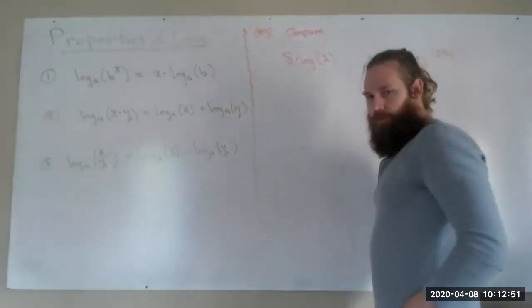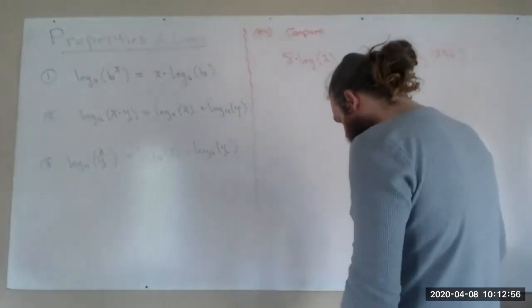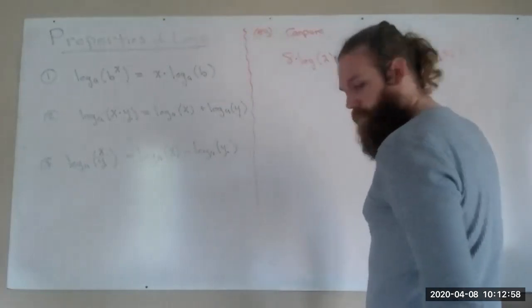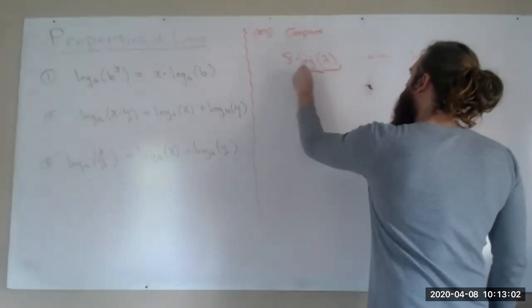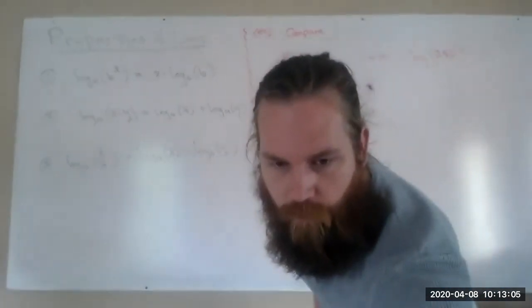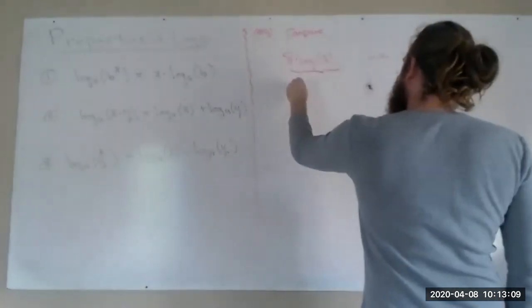So these are equal, or at least from my calculator, these appear to be equal. This guy, and that guy, we're both about 2.408.